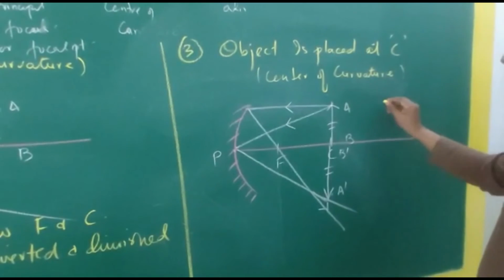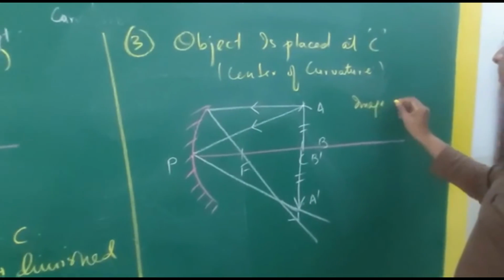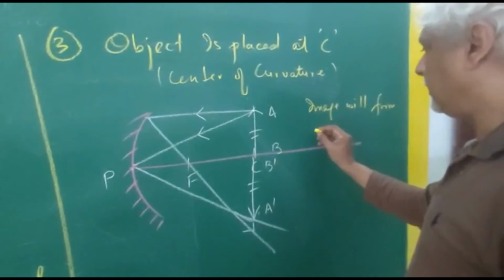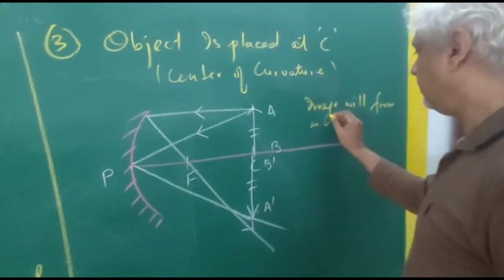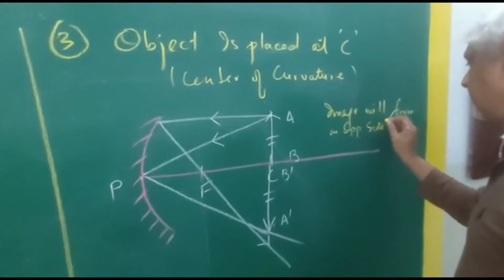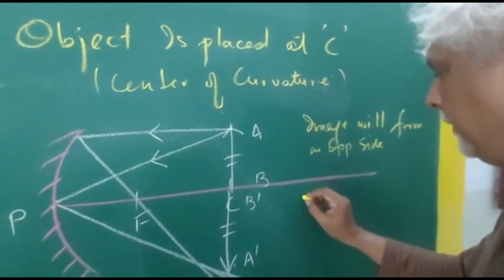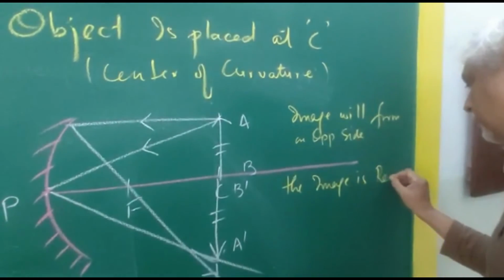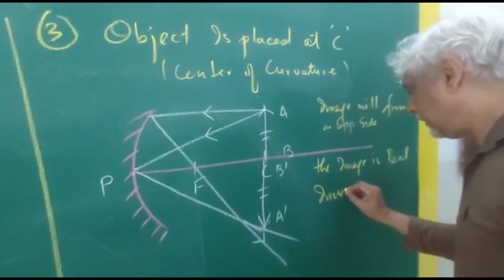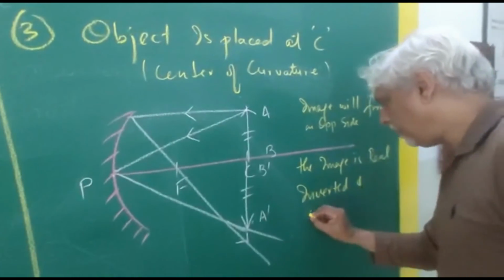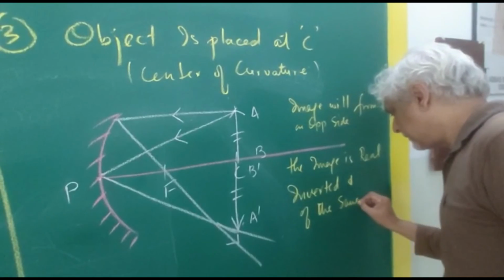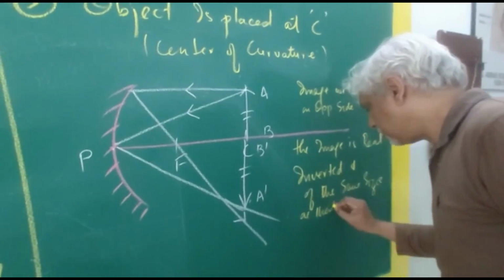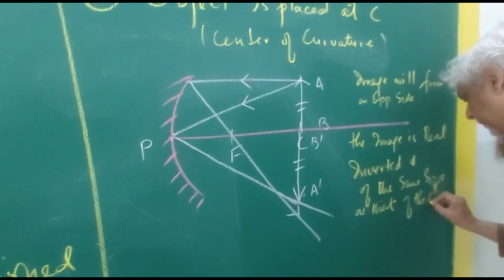The position of the image will be on the opposite side, and the nature of the image is real, inverted and of the same size as that of the object.